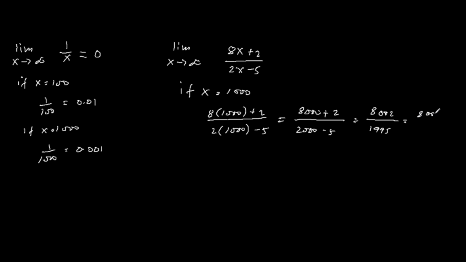It is also 8000 divided by 2000, which is equivalent to 4, which means that if the limit as x approaches infinity, the value of this function is equivalent to 4. Then we can say that the constants are negligible.